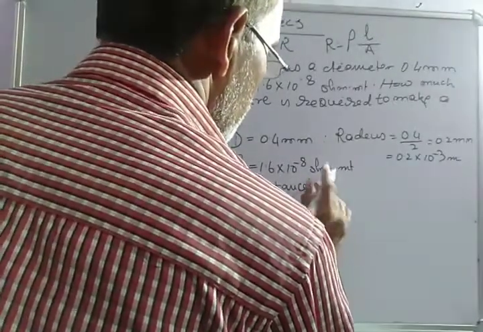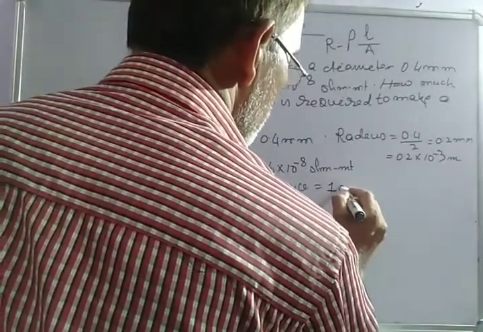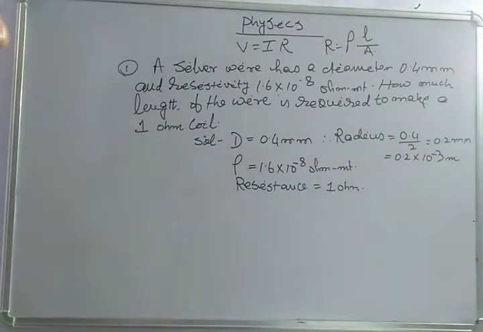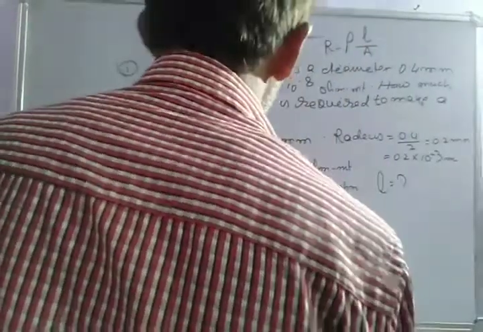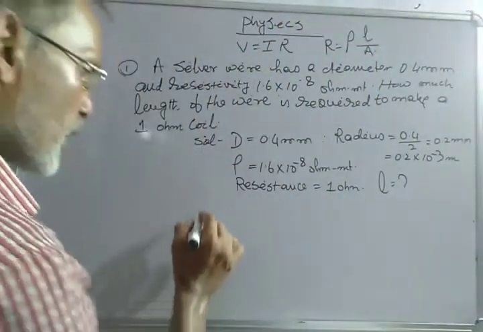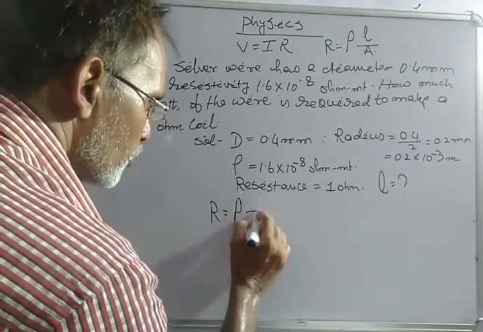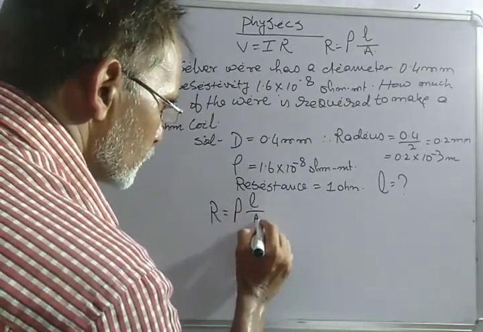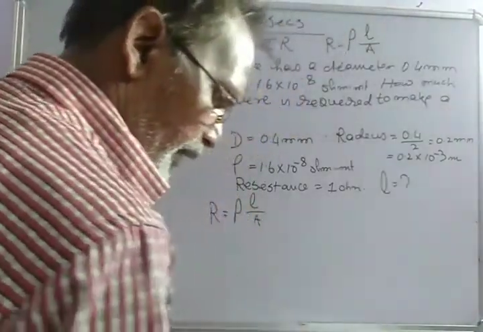Resistance is given and it is equal to 1 ohm. Now you can know what has been asked here: how much length, L, has been asked. So put the formula, R is equal to rho L by A.